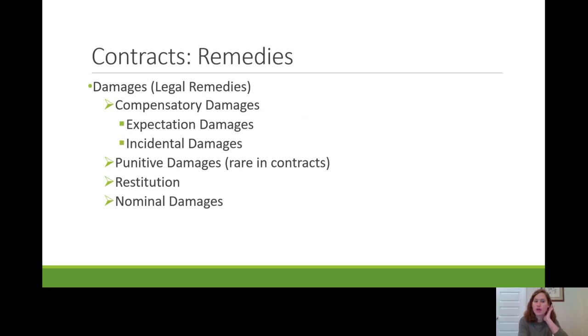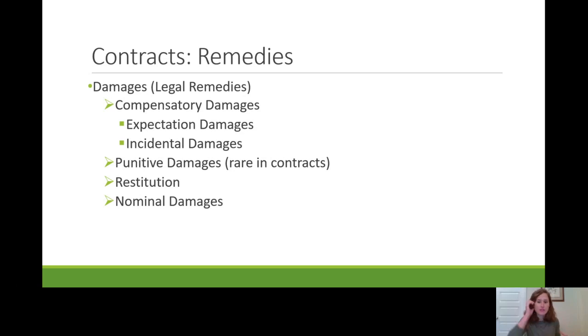A few words on remedies, and this is where the effect of the type of breach comes into play. Damages are going to be the default remedy. That's your remedy at law. That's always the case. We don't get into equitable remedies unless damages are not sufficient. I'm not going to go too much into the details here on breaking down these specific types of damages.